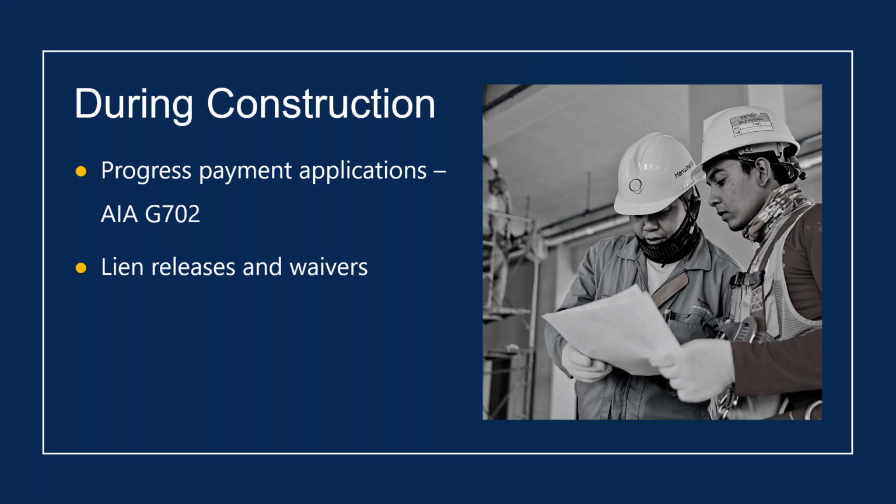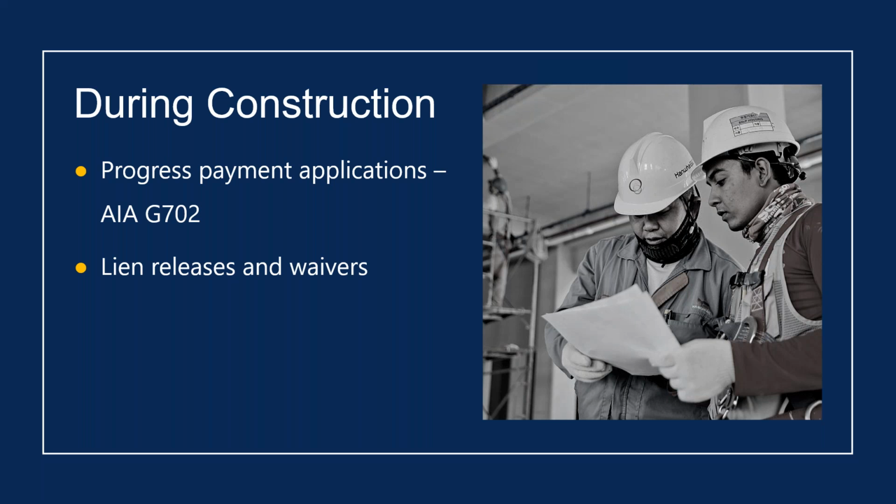I love to see conditional lien releases, not unconditional. Conditional lien releases are great because it says it's conditioned upon payment. Watch out for lien releases and waivers that waive through a date certain, because if you have an outstanding claim or an outstanding change order that hasn't been paid, you may end up inadvertently releasing that claim.